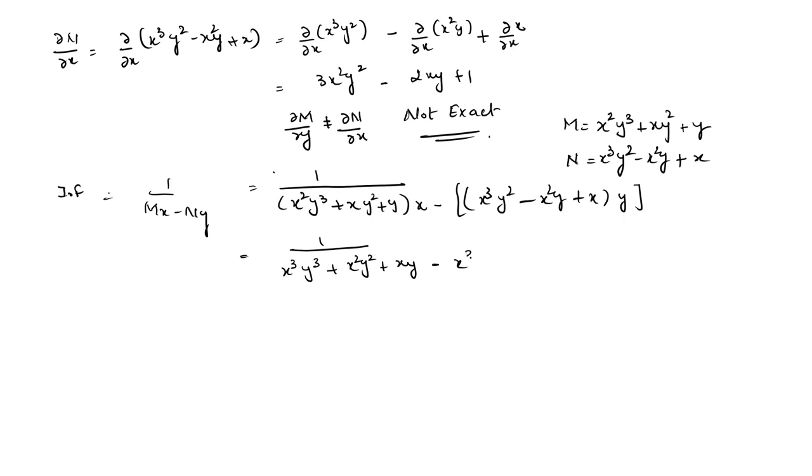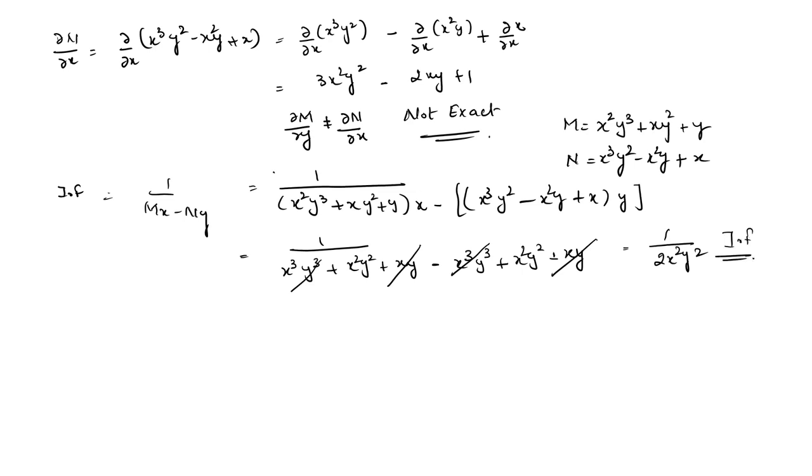Again it is x cube y cube, negative negative positive x square y square, positive and negative is negative xy. If we solve it, this cancels out with this, and this cancels out with this, and we are left only with 1 by 2x square y square. So it should be our integrating factor.